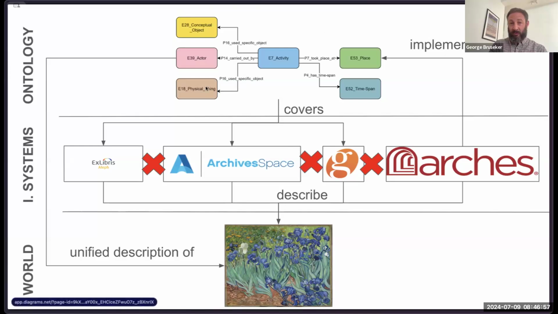So CIDOC CRM is originally designed to allow you to re-express the information in these systems in order to create a common graph that would give you all the information from system A, B, and C that I might want to know about, say, the irises.